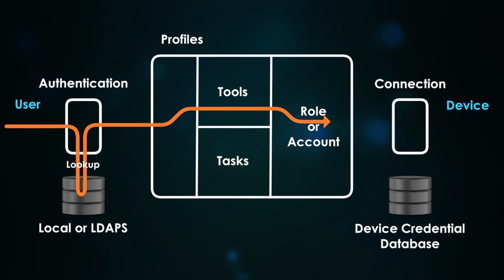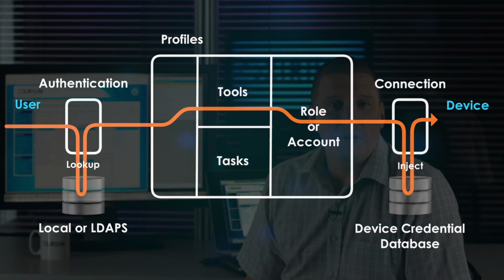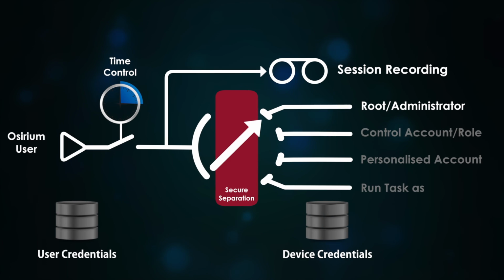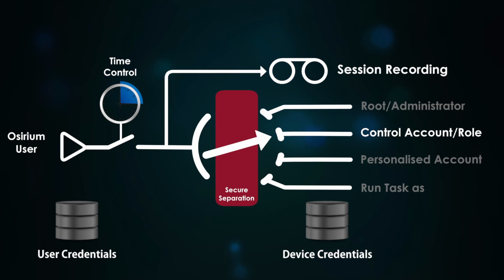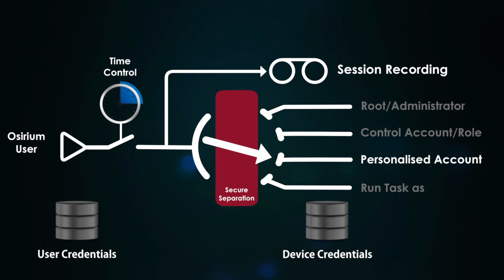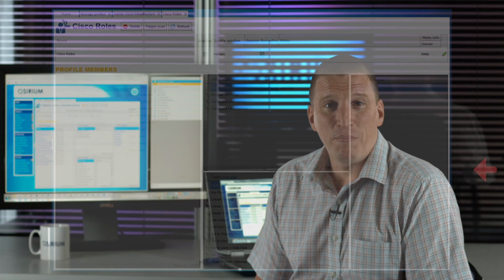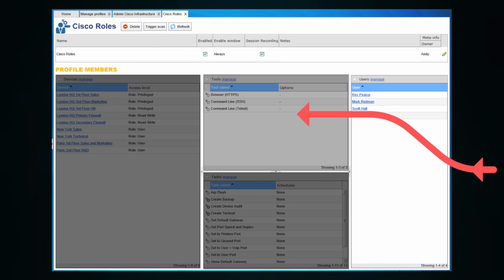Since Osirium handles single sign-on, it can take over the passwords with enterprise-class password lifecycle management. This means that it's Osirium that controls access through its profiles and that the passwords are regularly changed. With Osirium, there are no pre-configuration requirements on any device. Osirium can take this one level higher by creating personalized accounts on Cisco devices based on the roles defined in the profiles.